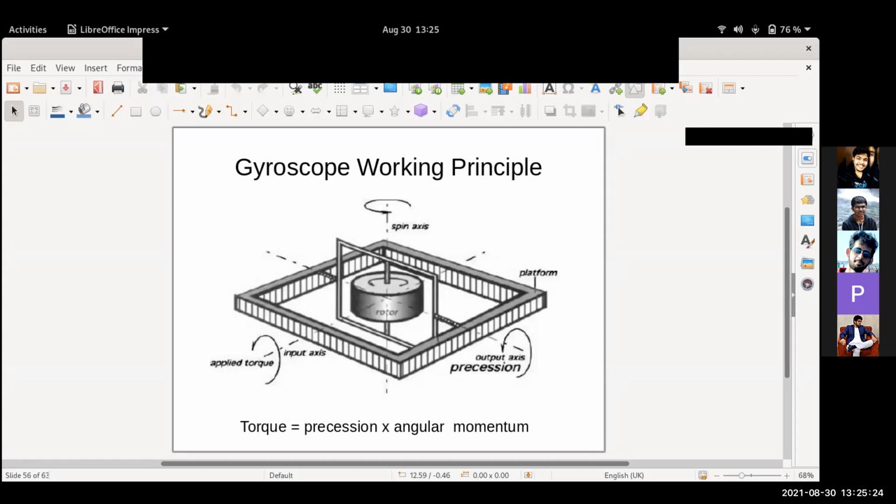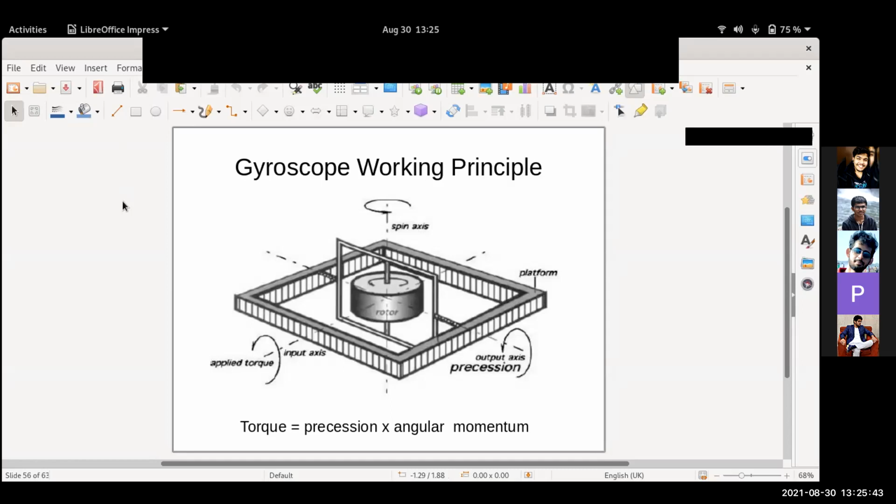So if you imagine a spacecraft carrying three different gyroscopes in three different axes, whenever the rotation along each of the axes occurs, the inner gimbal along each of the axes will measure the rotation. So that is how the rotation is kept track of.